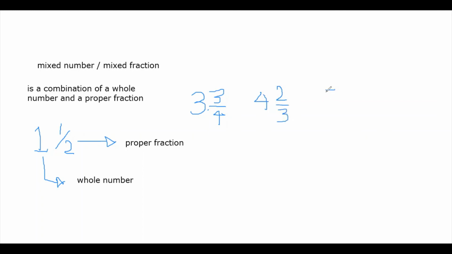We have 5 and 10 over 11. We have a whole number and a proper fraction. Whole number, proper fraction. Whole number and a proper fraction. So obviously, it's the easiest to be identified.